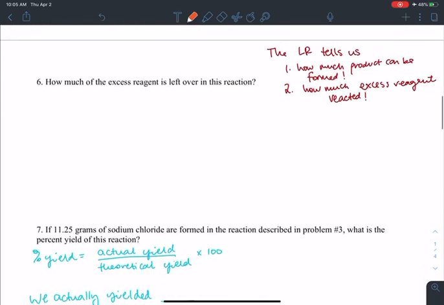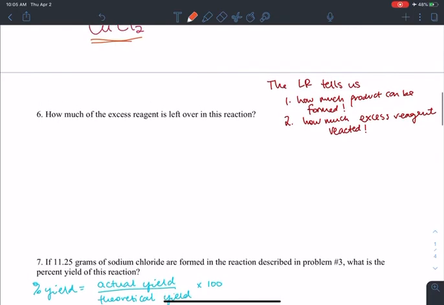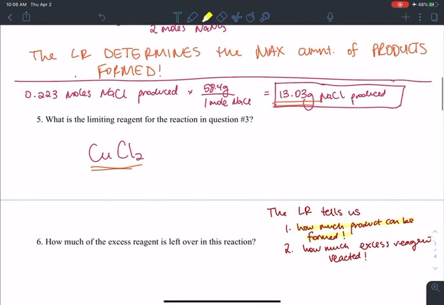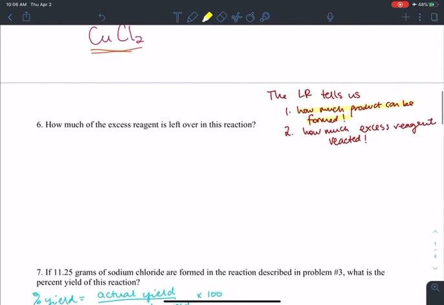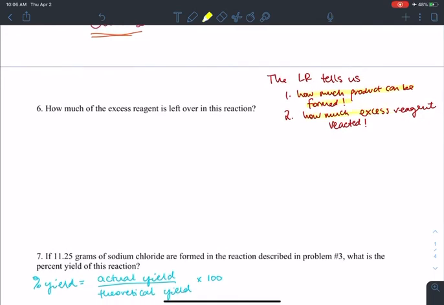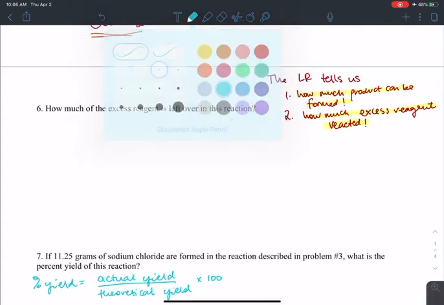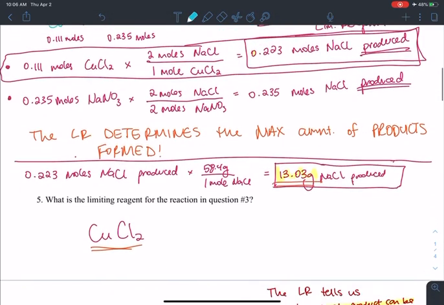Okay, number 6. How much excess reagent is left over? So, in order to do this, we need to remember that the limiting reagent tells us two things. One, it tells us how much product can be formed, right, just like here. And it also tells us how much excess reagent has been reacted. So our limiting reagent was the copper 2 chloride.